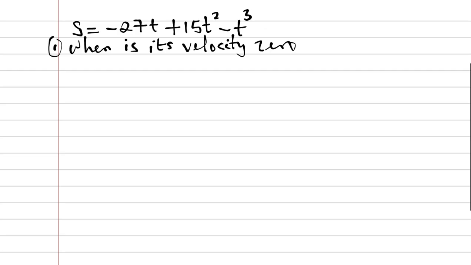At what time will its velocity be equal to 0? Number 2 says, when is its acceleration 0? That means you should find the time when the acceleration is equal to 0.